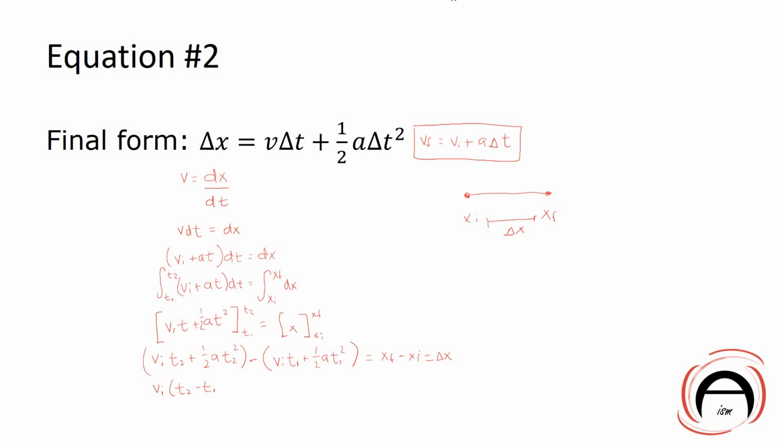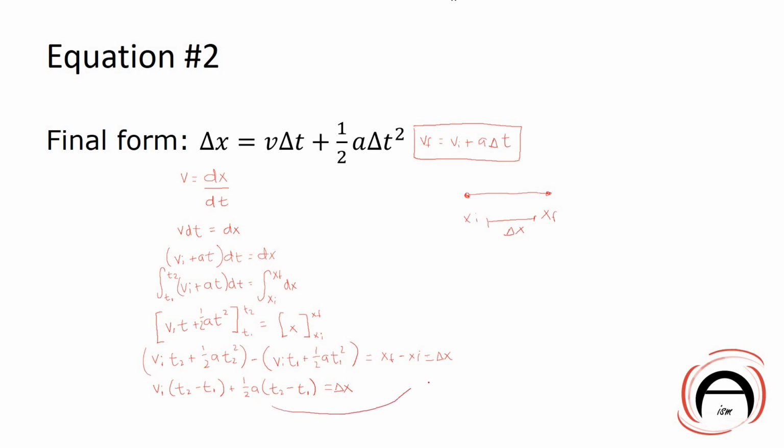So that negative sign right here just transferred over to the t1, and you left the vi as positive, and then plus 1/2 times a, and then you're going to have the same thing, t2 minus t1. Going to have that equal to change in x.